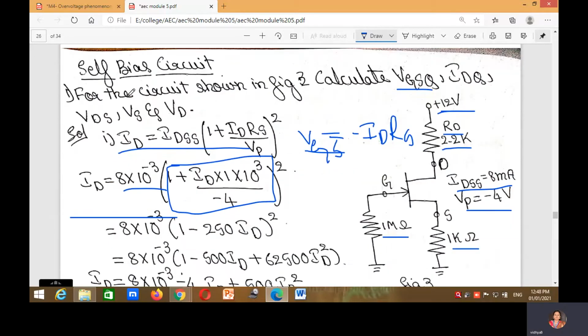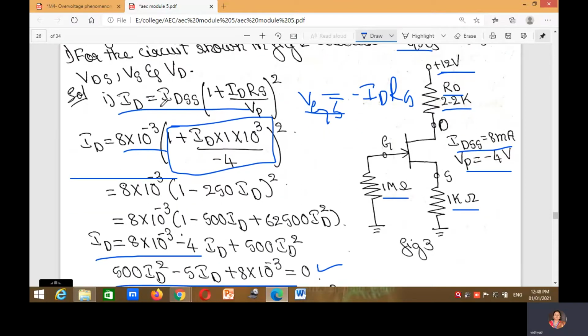Self-bias circuit. For the circuit shown in the figure, calculate VGSQ, IDQ, VDS, VS and VD. ID is equal to IDSS times (1 plus ID into RS divided by VP) whole square.